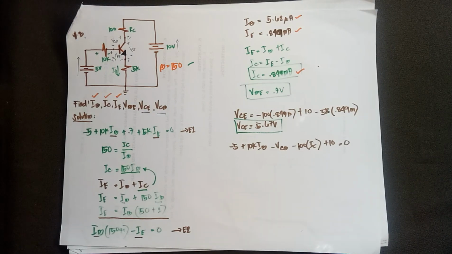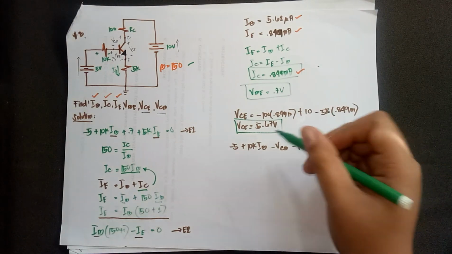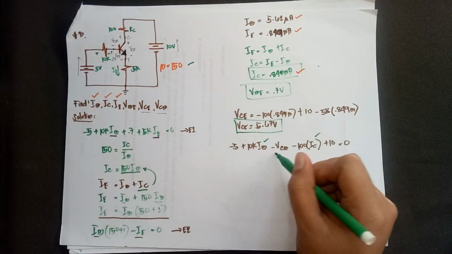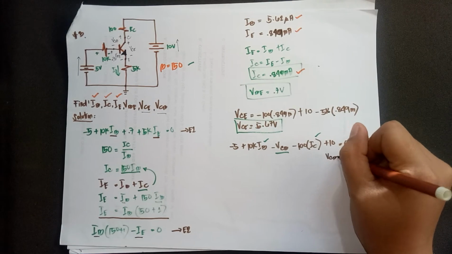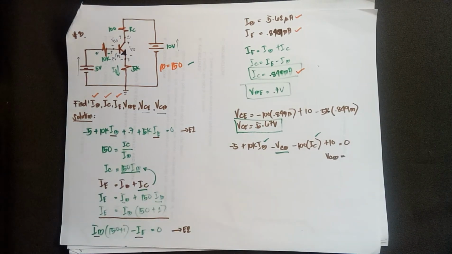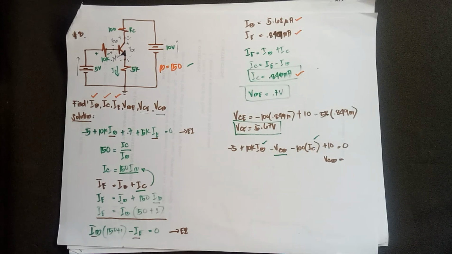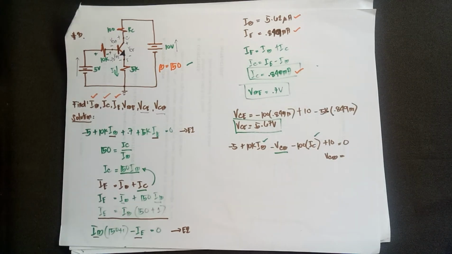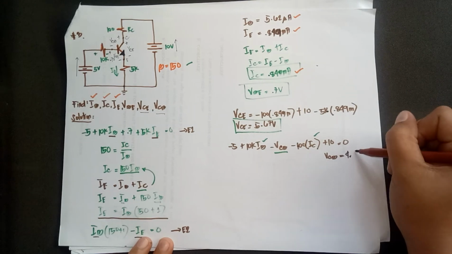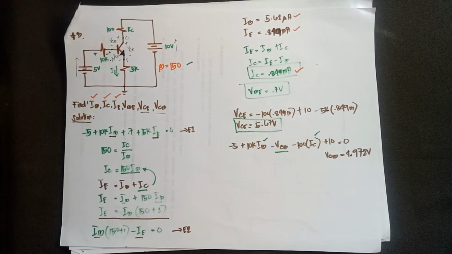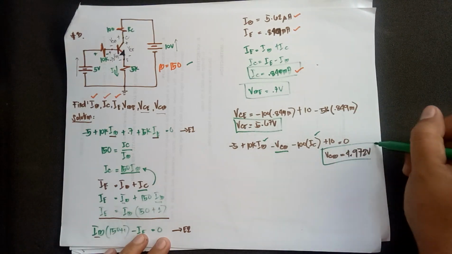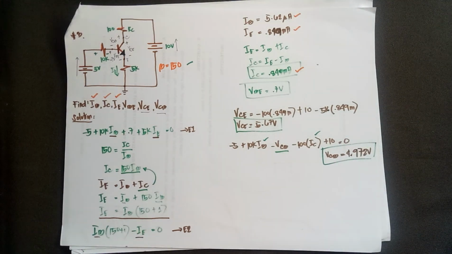And in this case, given naman itong ating IB and IC, unknown si VCB. So, therefore, VCB is equal to, i-pause nyo muna ang video, tapos hanapin nyo na yung value ng VCB. Okay? Plug in nyo lang si IB at saka IC. VCB is equal to 4.972 volts. And that is basically it. Okay?